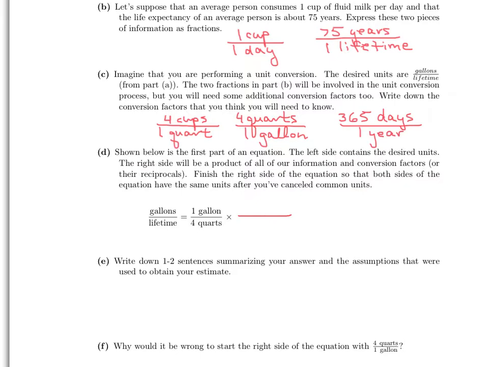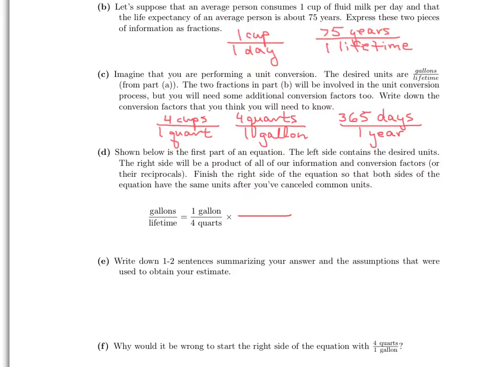So we go back up to all of the information we've got and we look for another fraction that involves quarts. We don't want to use this one because this one was just used right here. We need to find another one, and this one here works. Notice this fraction has quart in the denominator. We need a fraction that has quart in the numerator, enabling us to cancel the quarts here. So we're going to take the reciprocal of this fraction.